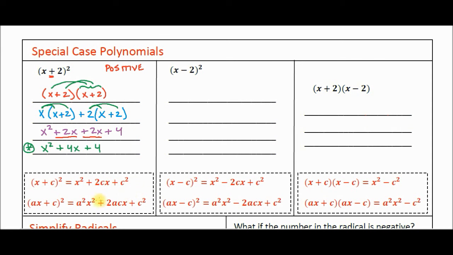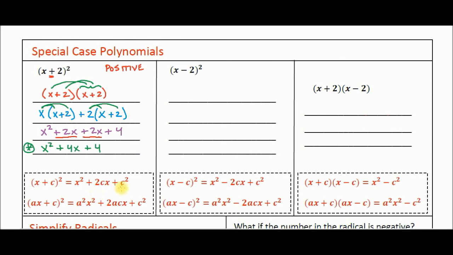And one more thing, if you want to write this down for later, we'll be dealing with binomials where it's not just x. This might have a coefficient of 2 or -3 or 5 in front of it, so 5x plus 2. This form, or this base equation, shows you how that will work if you had a value of a in here, if you had a coefficient on the x which is other than 1.